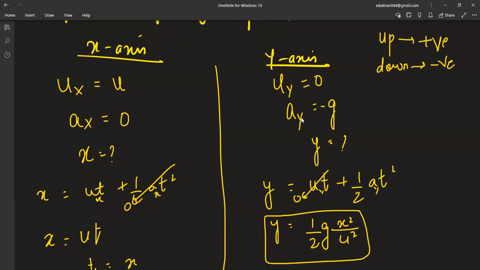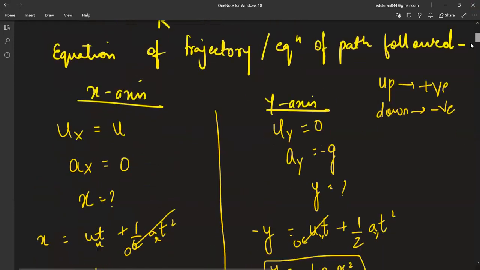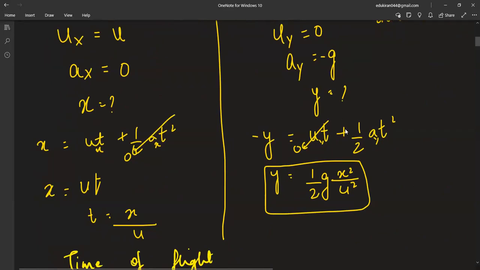One more thing, not just this will be negative. Along with this, my y will also be negative, minus y, I'll put. Why? Because my displacement is also negative. If I'm taking downwards as negative, then displacement is also negative. So actually this negative sign means minus y is equal to minus half g t square.